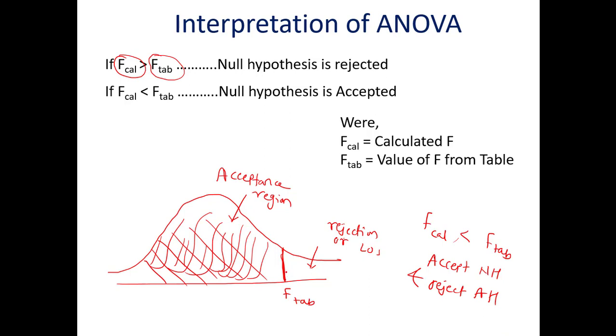If the F calculated value is greater than the F tabulated value, then we reject the null hypothesis and accept the alternate hypothesis. I hope this is clear.